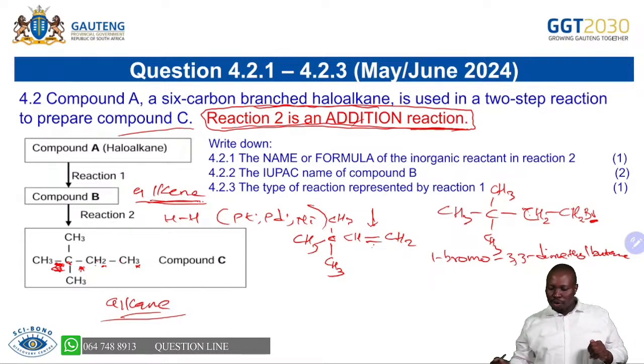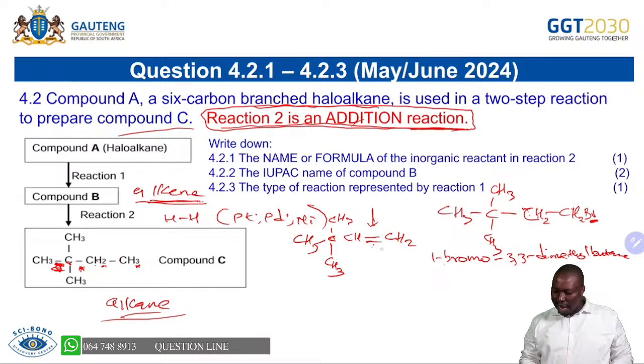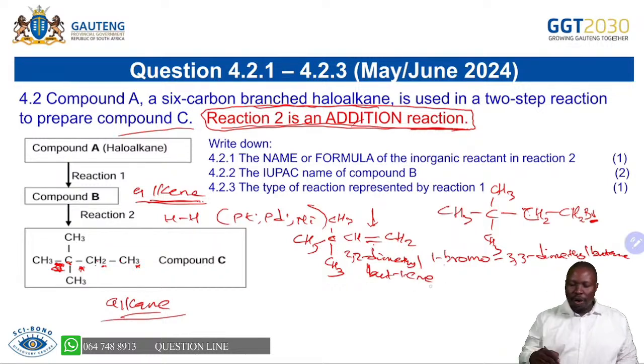That is the structure that we had when we started. What did we do? We eliminated the 1-bromo. We formed the alkene now, 2,2-dimethylbut-1-ene. That's what was formed as compound B. From that 2,2-dimethylbut-1-ene, you added the hydrogens, and then what did you get?